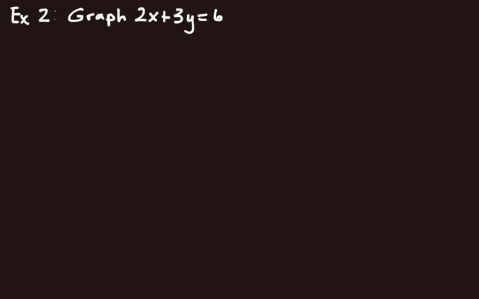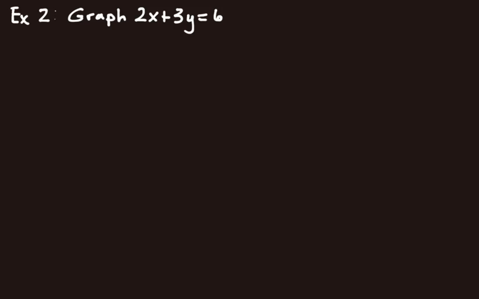Let's try this. Now, before we get started, it says graph 2x plus 3y equals 6. This one kind of jumps up 2 levels. In order to graph a line, what do I have to know? I need to get it into mx plus b form. So your first order of business is to rearrange that equation to be y equals.